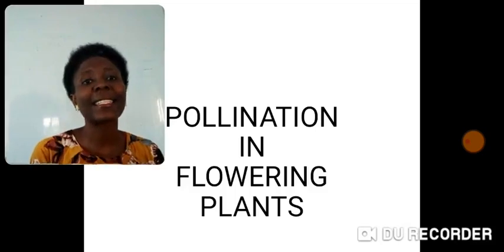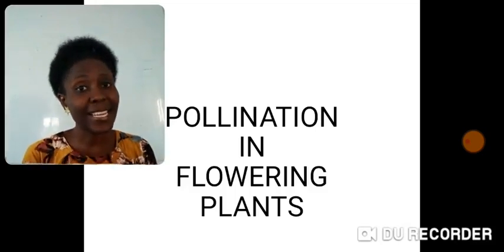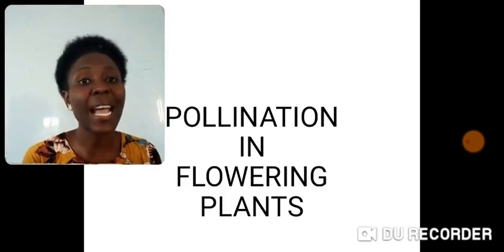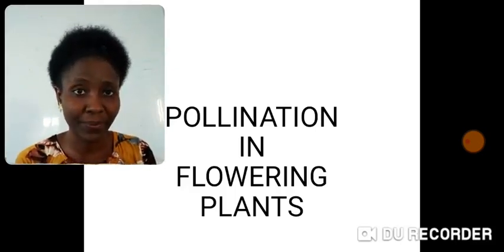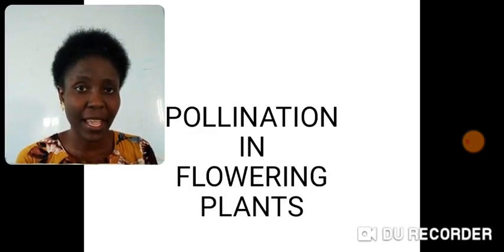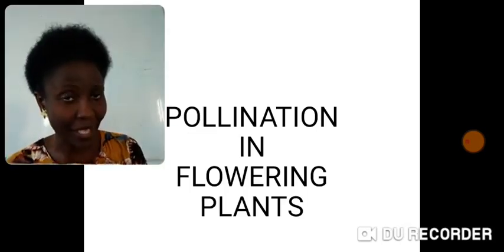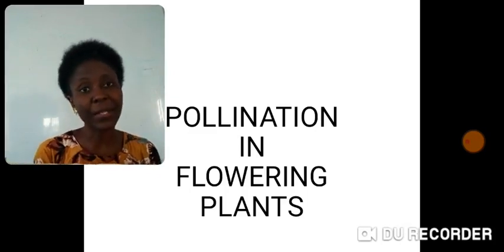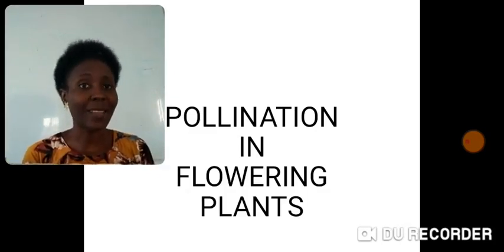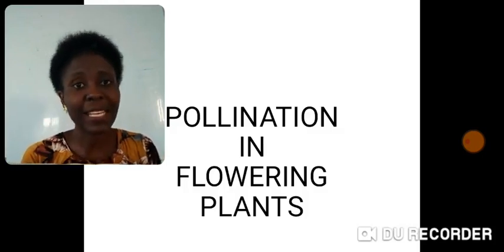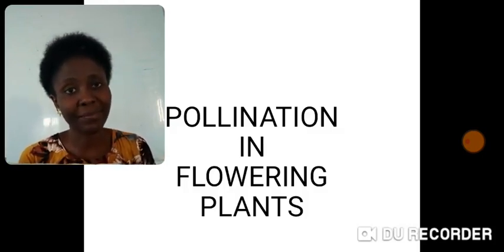And then another objective is that you know the types of pollination. So pollination, like we said, occurs in flowering plants, because it's only in flowering plants that you have these floral parts, anther and stigma.